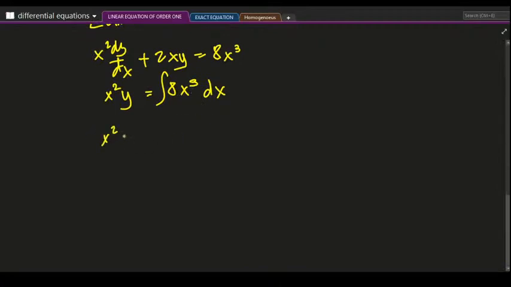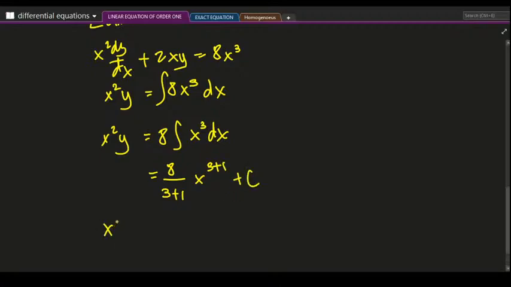So that is x squared y is equal to, okay, so we could transfer our 8 to the outside of our integral. So this is x cubed dx. Then we have 8 over 3 plus 1, x to the 3 plus 1, plus c.